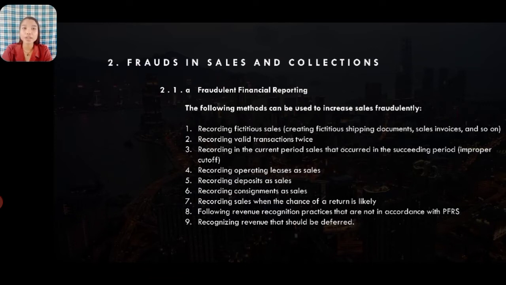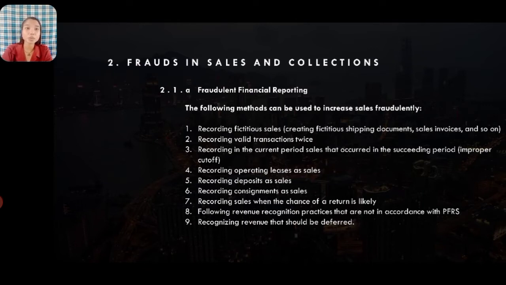Recording fictitious sales includes creating fictitious shipping documents and sales invoices, like what I have exampled earlier. The second one is recording valid transactions twice. Instead of recording the transaction once, you have repeated it twice, and that is invalid.